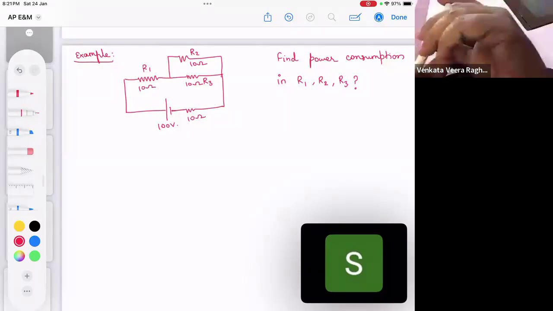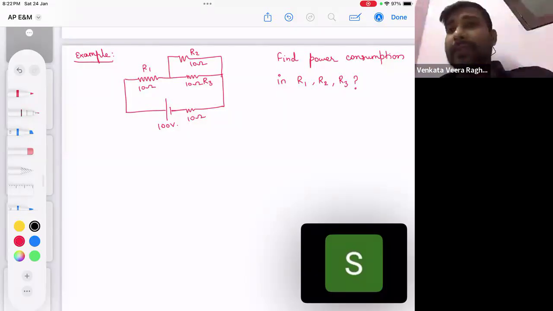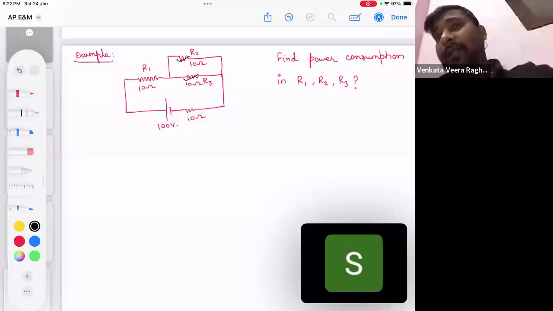So first of all, we should calculate the equivalent resistance. R2, R3 are in parallel. So 10 and 10 in parallel will give me how much? Can I write it directly? 5. 10 into 10 by 10 plus 10, right? Parallel we get R1 R2 by R1 plus R2.